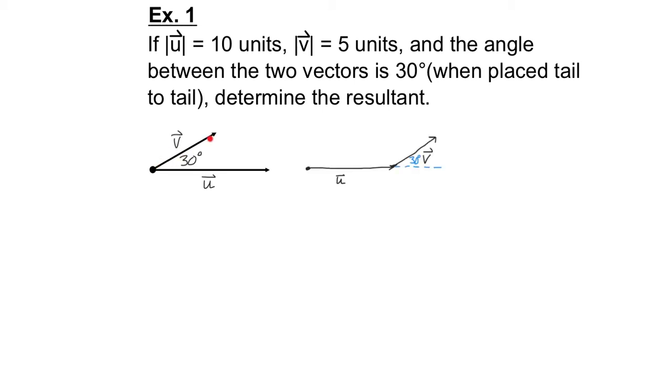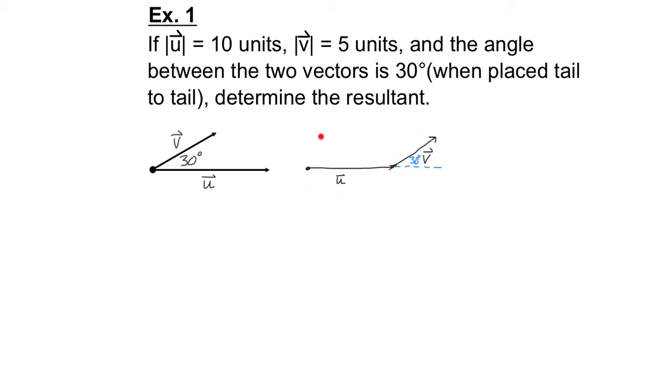Okay, so when I take vector V and I move it over so that the head of U is against the tail of V, it looks like this. Okay, so I've still got that 30-degree angle, but just be careful where you put it because that 30-degree angle is from the horizontal up to V. So from the horizontal up to V is 30 degrees.